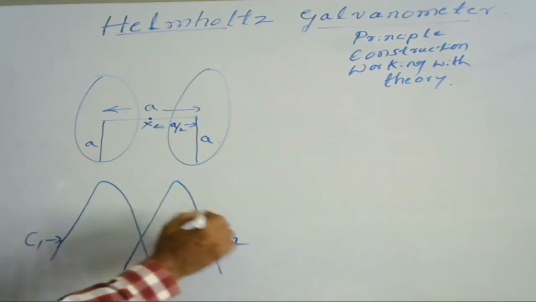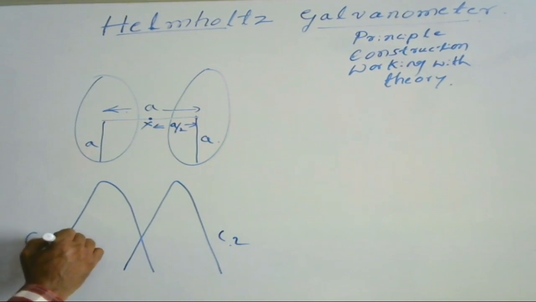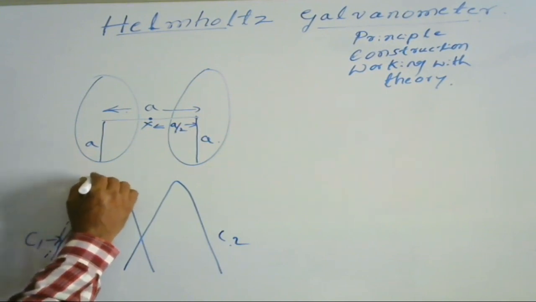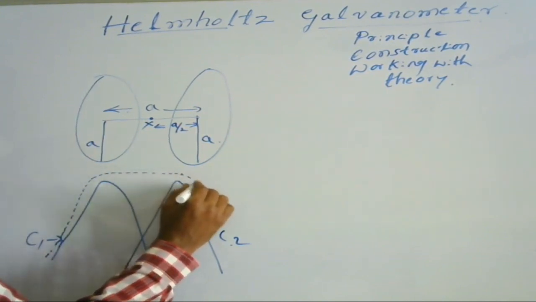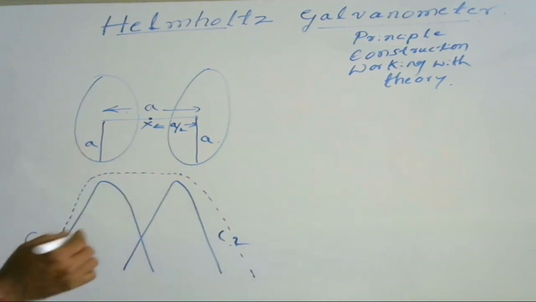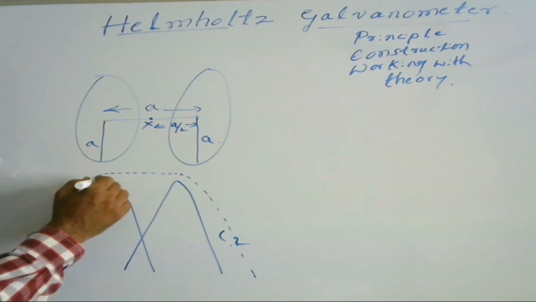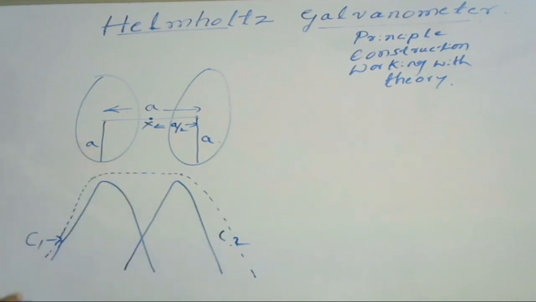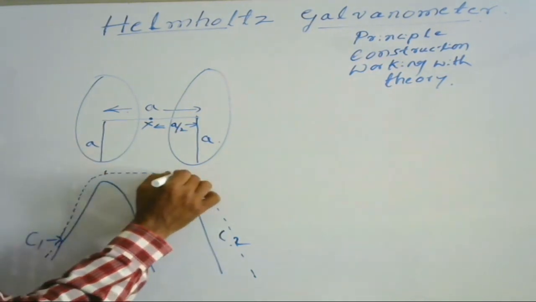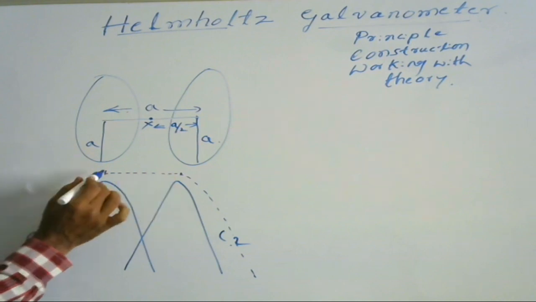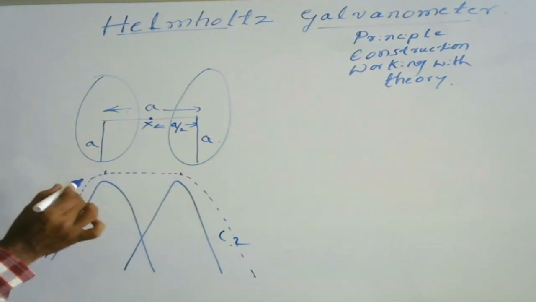The resultant magnetic field pattern we can represent like this. This is the resultant field due to both the coils, C1 and C2. Here the magnetic field is uniform over a considerable region.